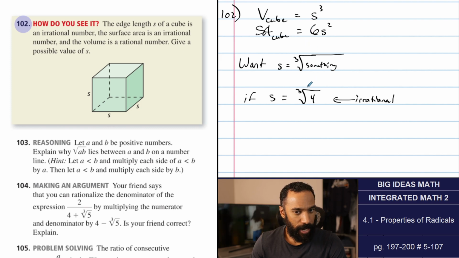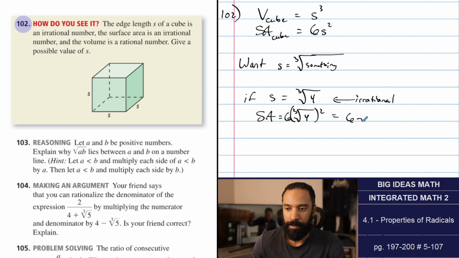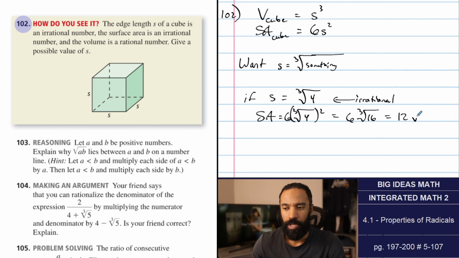The surface area is 6 times the cube root of 4 squared, which is 6 times the cube root of 16. I can simplify a part of that. Cube root of 8 is 2, so that's 12 times the cube root of 2, which is irrational.